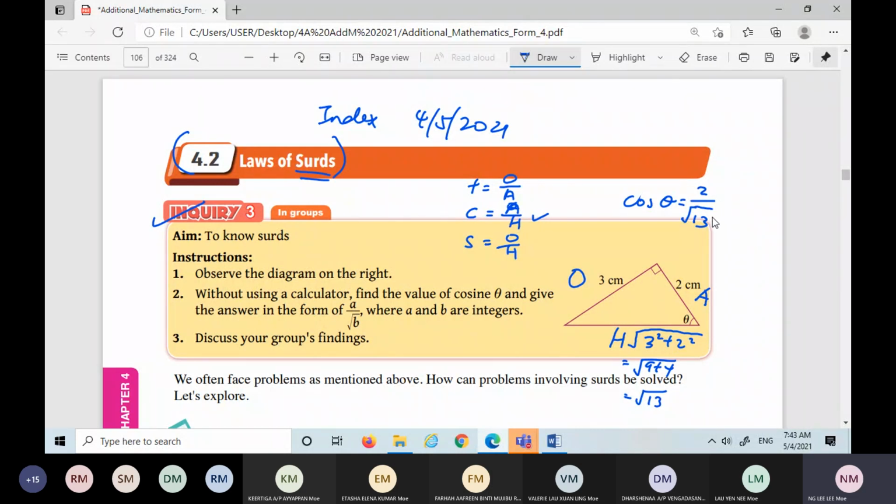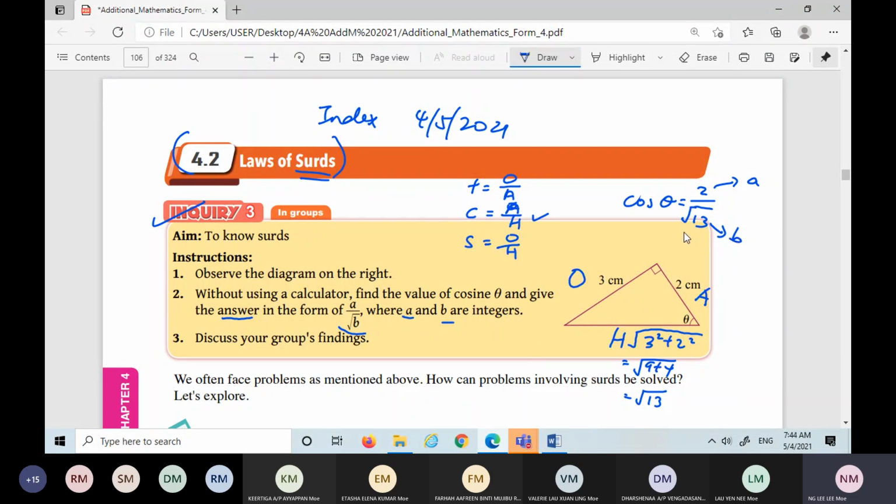If you press 2 divide by square root of 13, your answer is an infinite decimal, the decimal goes on non-stop. But this activity asks you to state the answer in this form, where a and b are integers, so a is the 2 here, and b is the 13 here. So you have completed the mission.